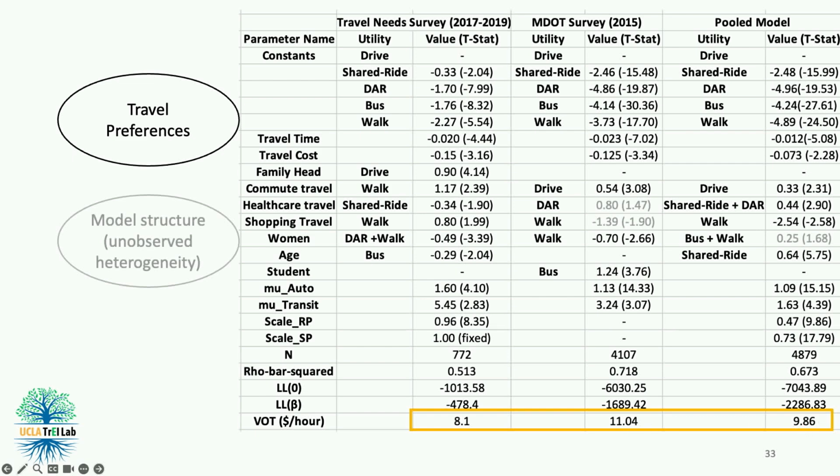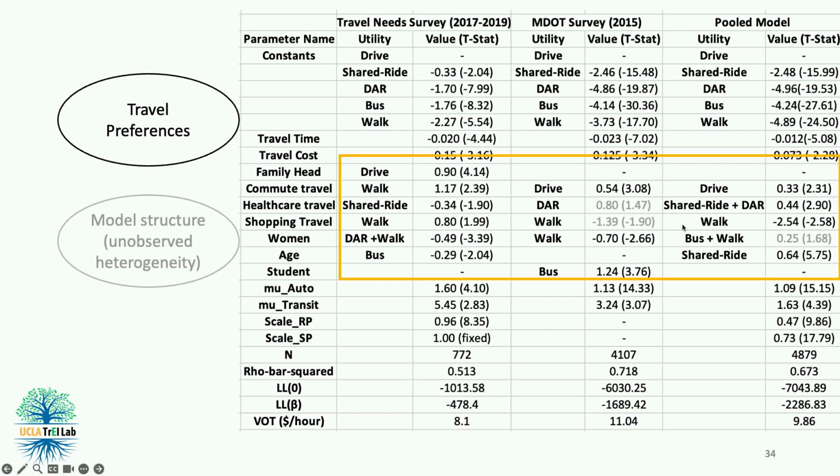And so the implication is that the preferences are different, and our understanding of how people are traveling is also different. So in this case, for example, we see that there's a tendency to use rideshare and dollar ride, which is transit, for healthcare-related trips. And so our understanding of how people are moving, the picture of that, is different. Our evaluation of things like value of time and levels of sensitivity are also different.